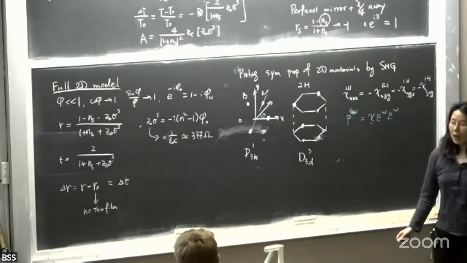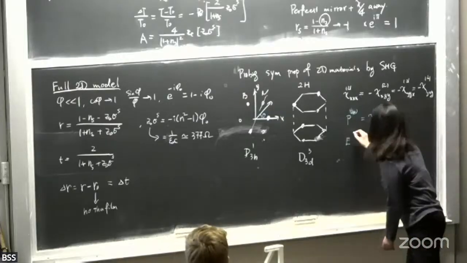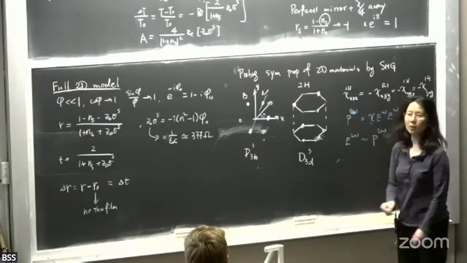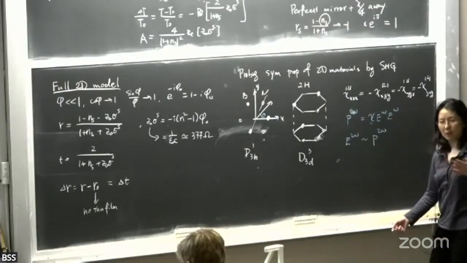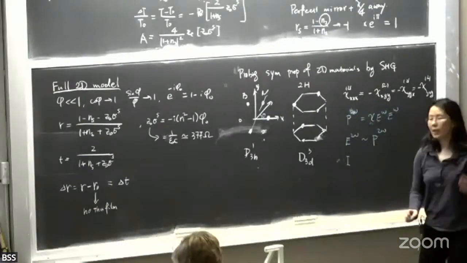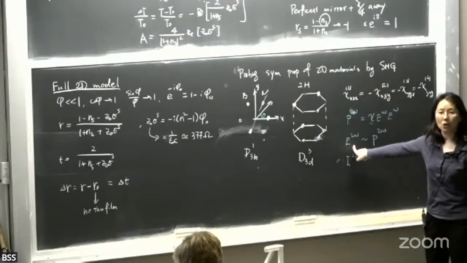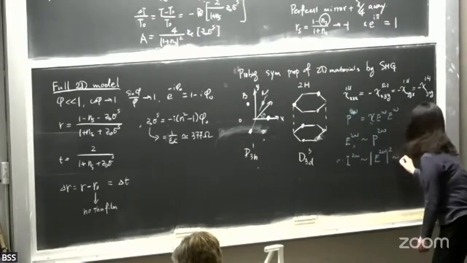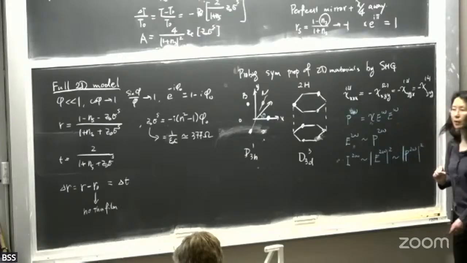The radiated field at 2 omega is proportional to the second derivative of P2 omega, if you solve the wave equation. The intensity you measure at the second harmonic will be proportional to the field modulus squared, which is proportional to P2 omega modulus squared.